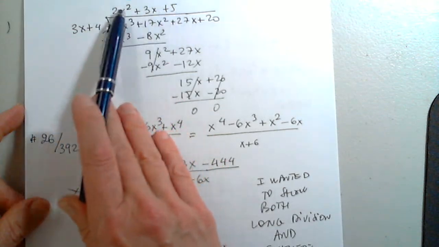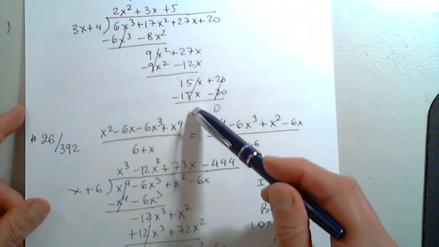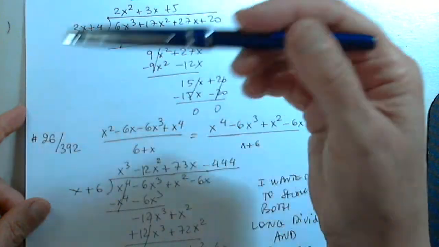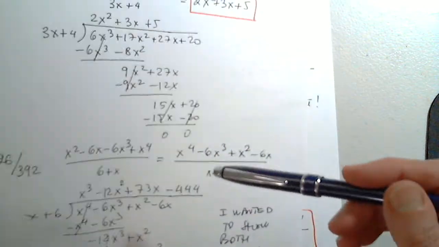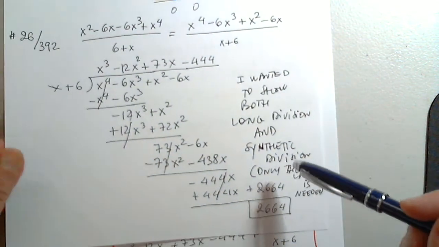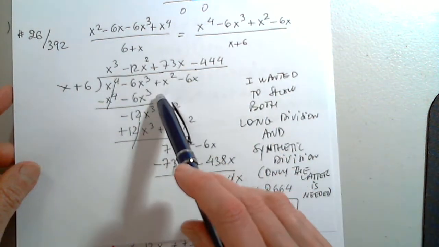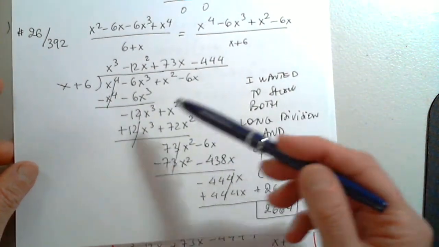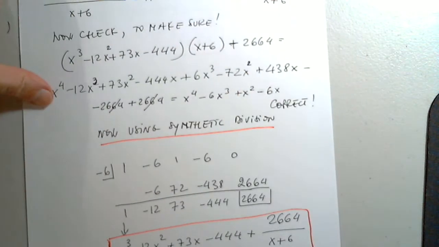We do not lie at the top. So 5 times 3x is 15x, but I have to subtract. 5 times 4 is 20, but I have to subtract. And there is no remainder. In the same way, here I wanted to show the long division and the synthetic division, just make sure that you get the same thing, so you can always repeat the steps.